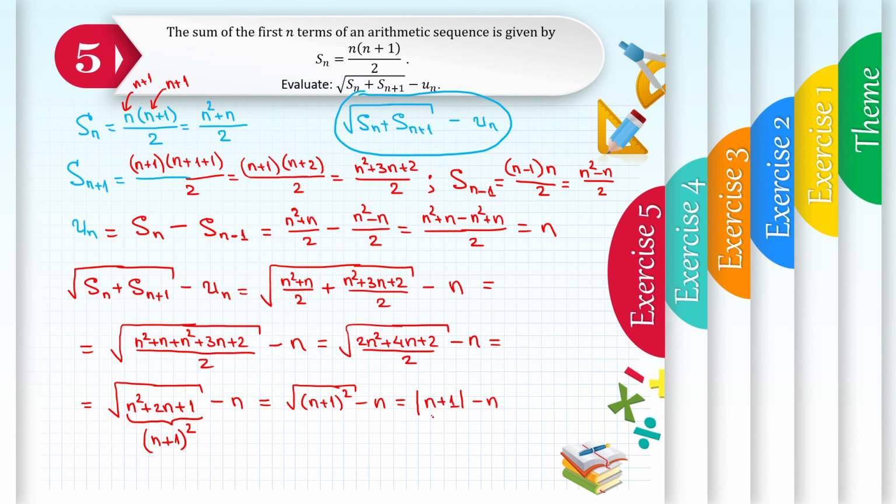But because n is a natural number, n plus 1 for sure is more than 0, and the absolute value of n plus 1 will be n plus 1. n plus 1 minus n is 1. So the final answer is 1. So the expression that we had to evaluate is equal to 1. And this was the last exercise of our presentation.